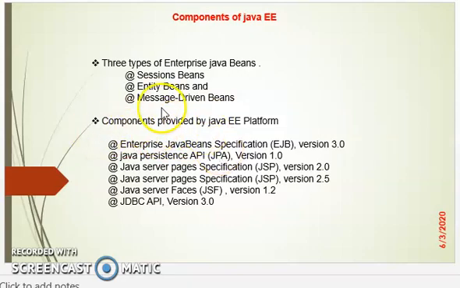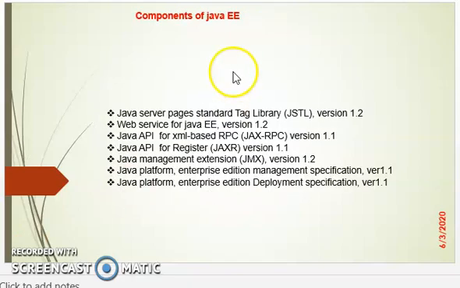The resource adapter component is provided by the Java EE platform as a service-based component. Components of the JavaServer Faces standard library are provided by the Java EE 5 platform.